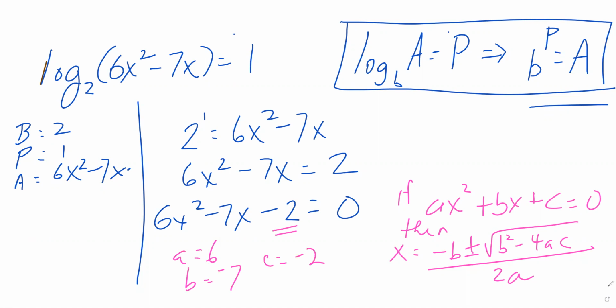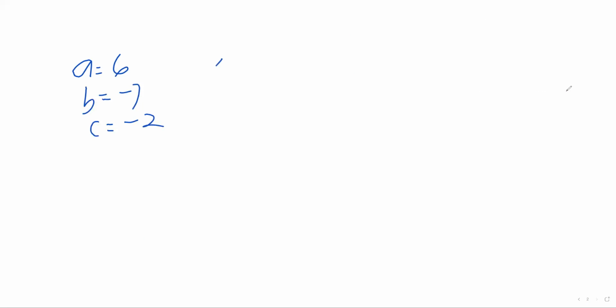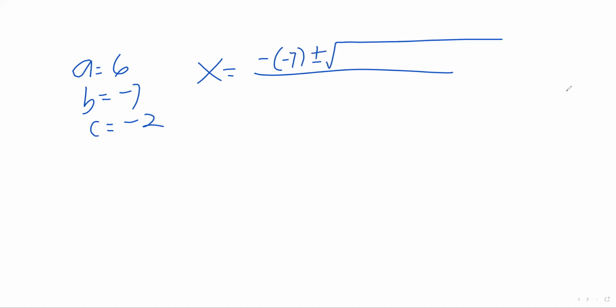So here's how it's going to look moving forward. A is 6, B is -7 and C is -2. X would equal, based on the quadratic formula, the negative of -7 plus or minus, and this is a very hard one to fall for a lot of folks.